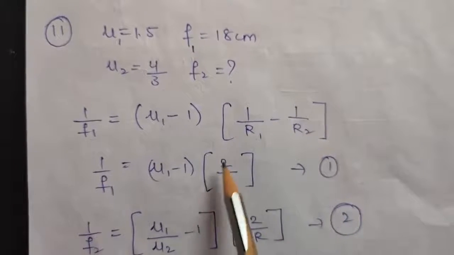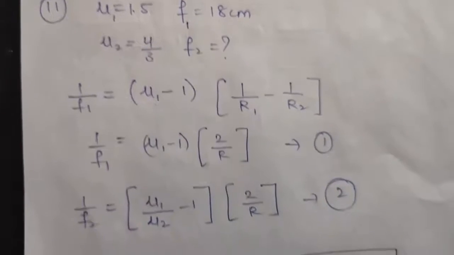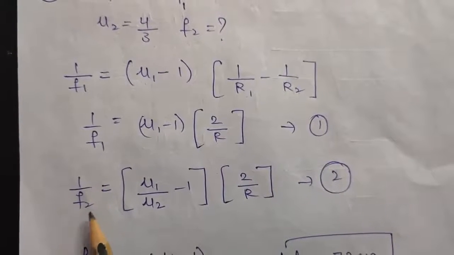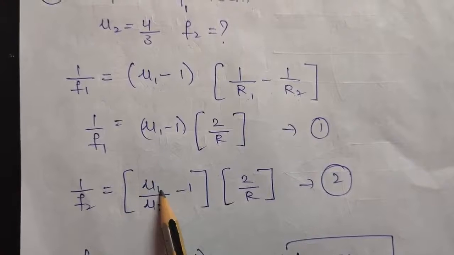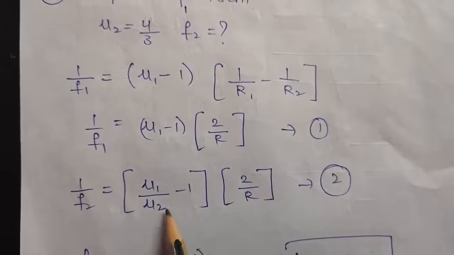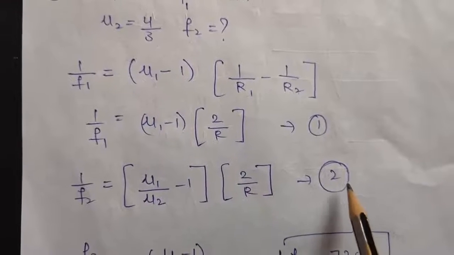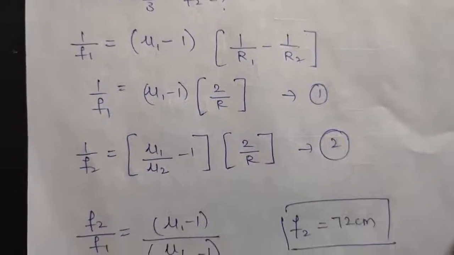From that you will get 2/r. Mark it first equation. Now for the second case, again 1/f2 will be equal to (mu of lens / mu of medium, that is mu of water, - 1) into again 2/r. Mark it second equation. Now divide equation 1 by the second.